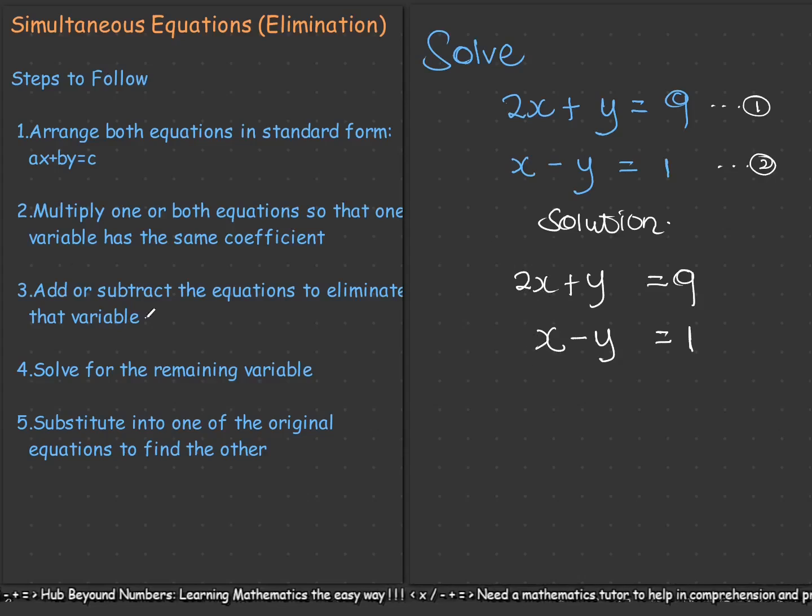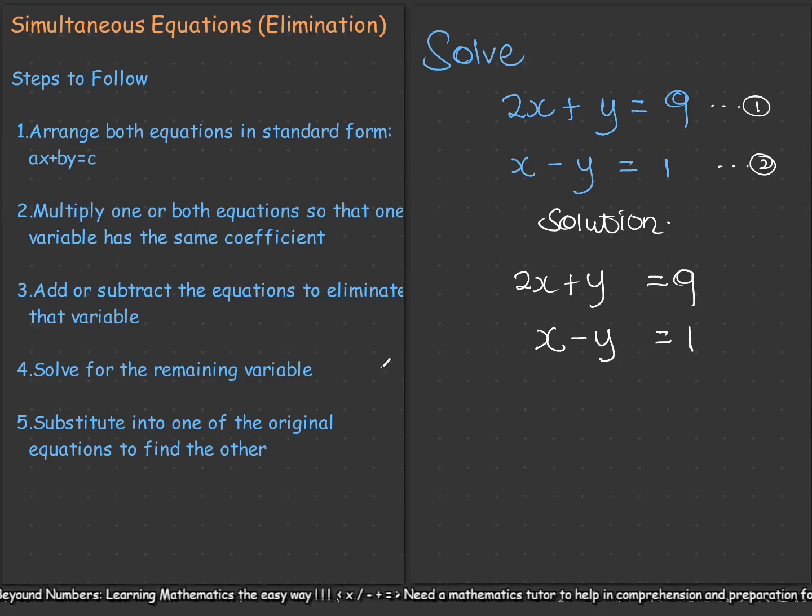If they are not the same, that is where we multiply both or one equation so that one variable has the same coefficient. For now, since we are choosing to work with y, we are not going to do that. So let's proceed to step 3. In a subsequent example, we might have one where we will need to apply step 2.